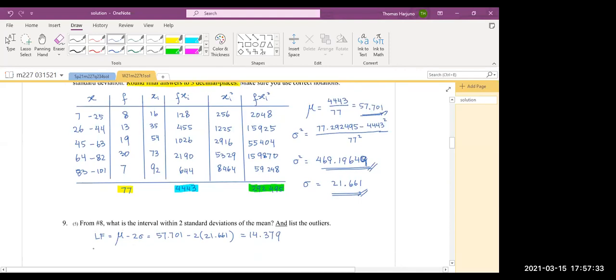The upper fence will be the mean plus twice standard deviation. That's 57.701 plus 2 times 21.661. Let's see, what's that? That's 101 something.